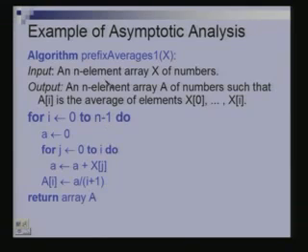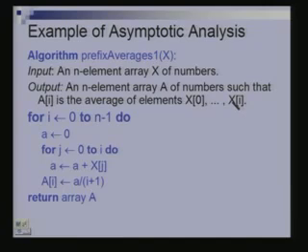Okay. So we'll do some examples of asymptotic analysis. I have a pseudocode written here. I have n numbers sitting in an array called x, and I have to output an array A in which the element ai is the average of the numbers x0 through xi.